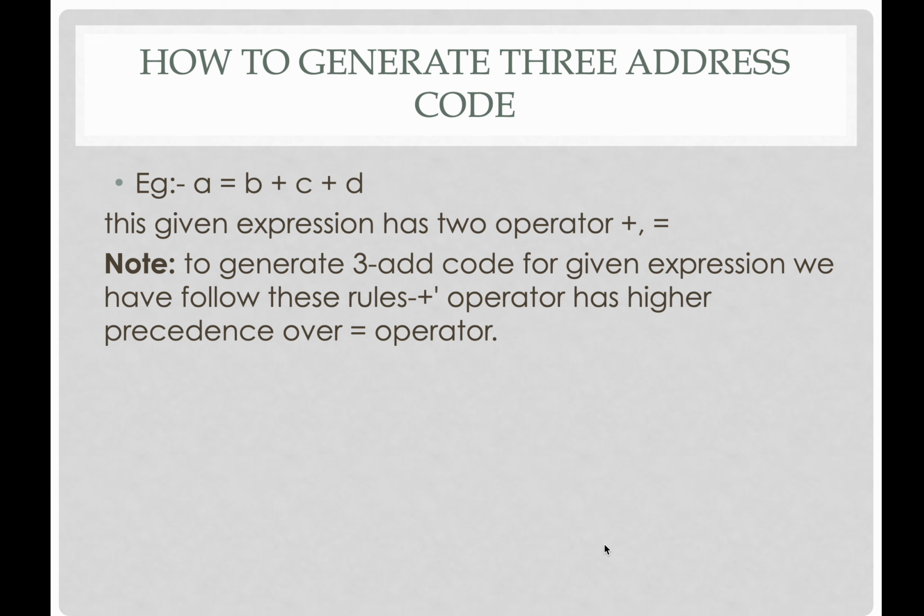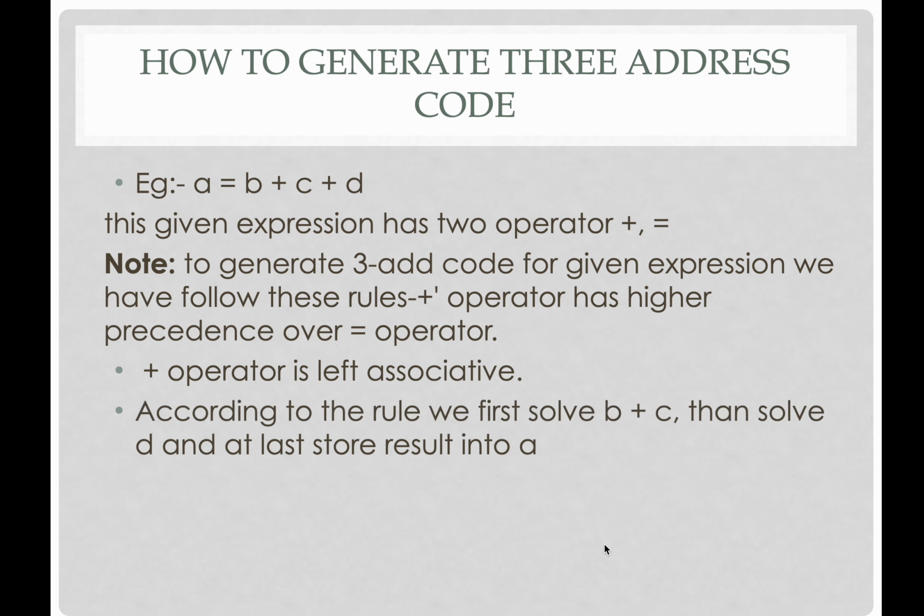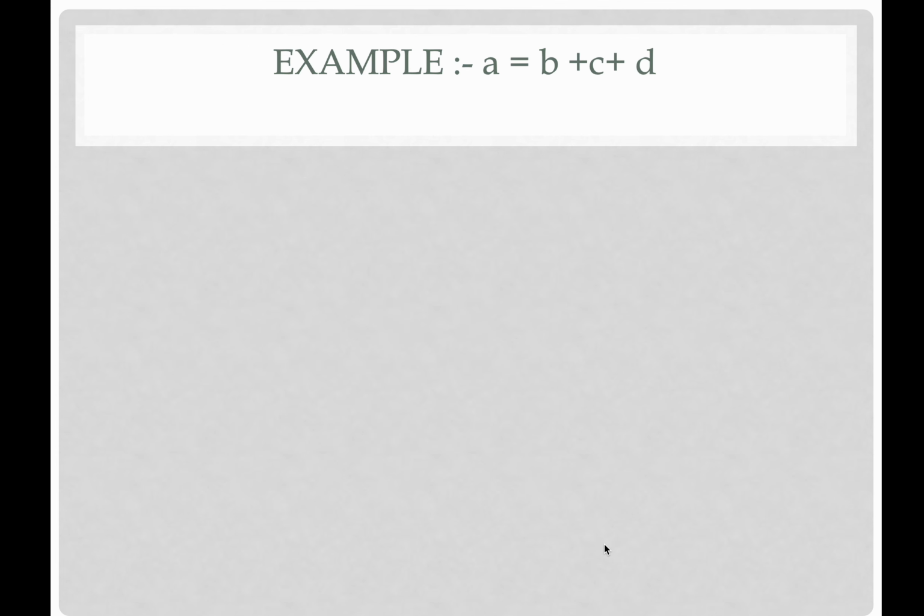So according to the rules, in three address code generation, we have to give highest priority to the operator that has the highest precedence. So here the plus operator is left associative. According to the rules, we first solve b + c and then d. At last we store the result into a.